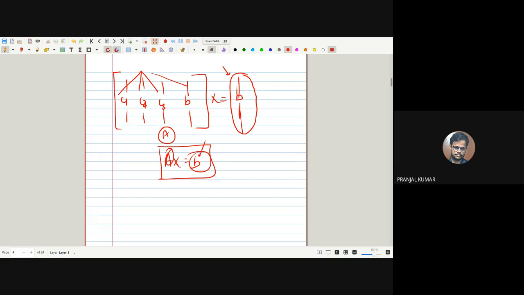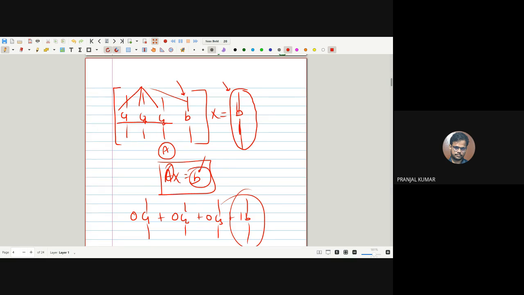Now, if I take the B vector as a column itself, can you tell me the coefficients of the columns such that I will get B? Is this possible: 0 times C1 plus 0 times C2 plus 0 times C3 plus 1 times B. So I will get B itself, right? In that case, a solution will always exist.